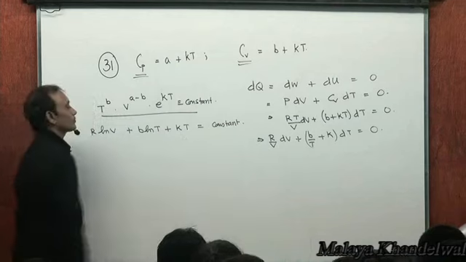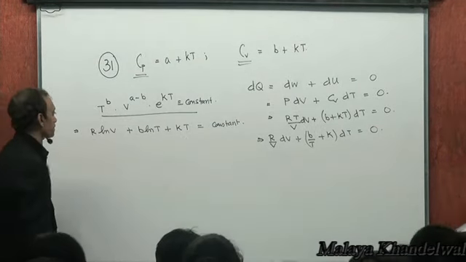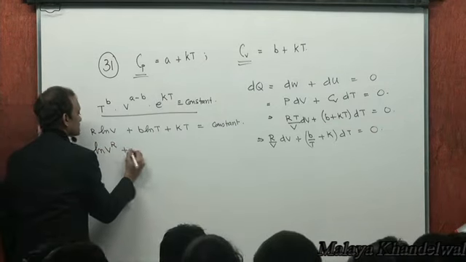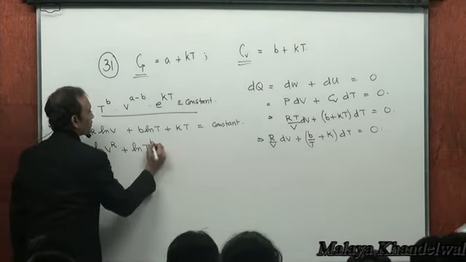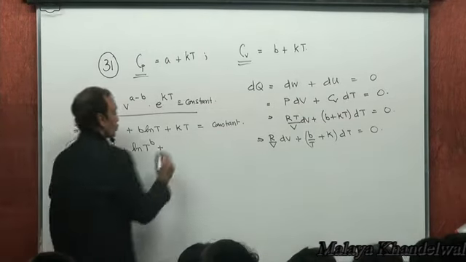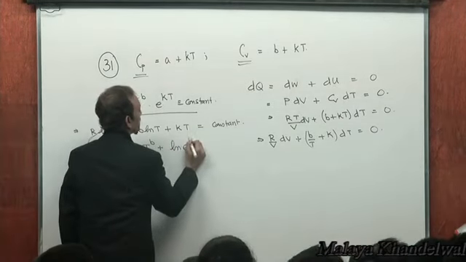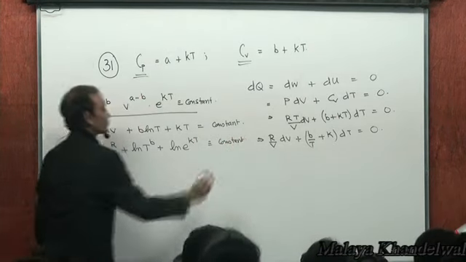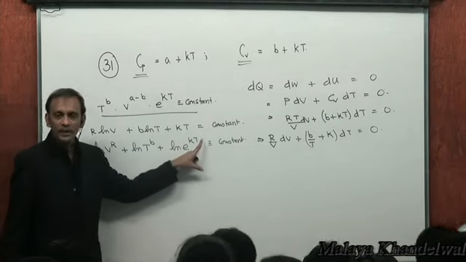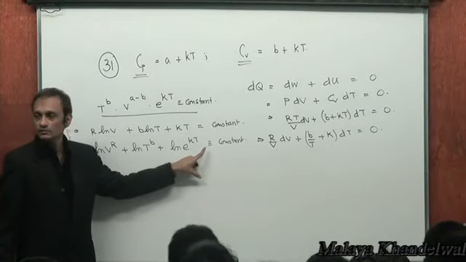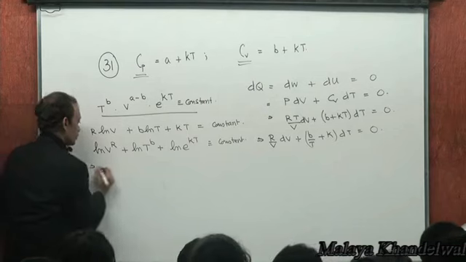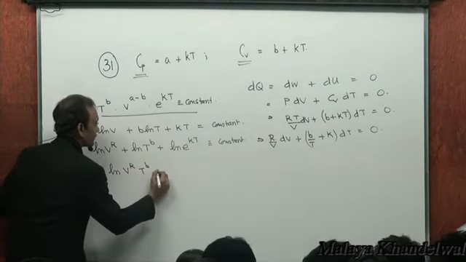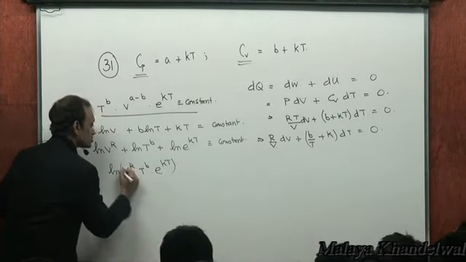Or log V to the power R plus log T to the power B plus log e to the power Kt must be constant. Yes or no? Kt can be written as log of e to the power Kt, right? Or log of V to the power R, T to the power B, e to the power Kt must be constant.